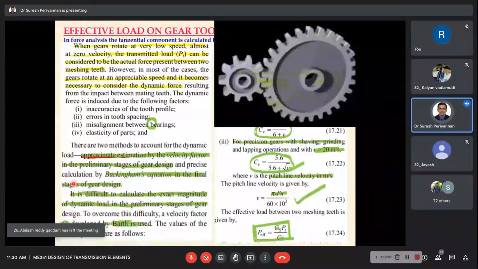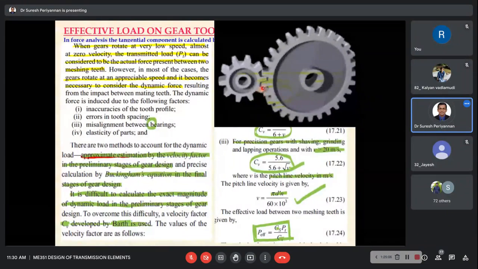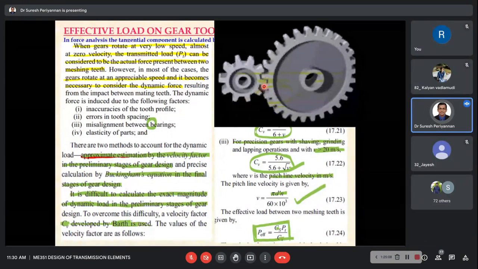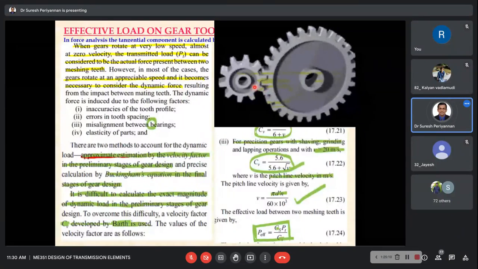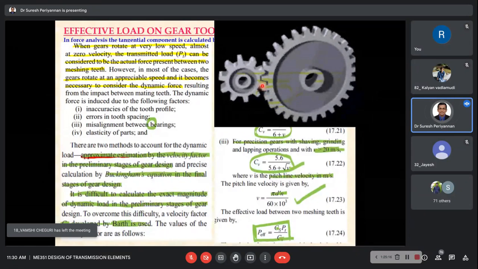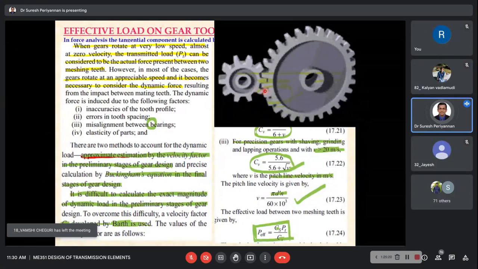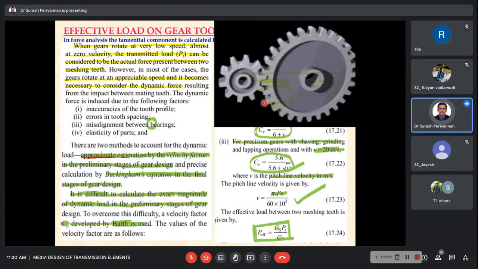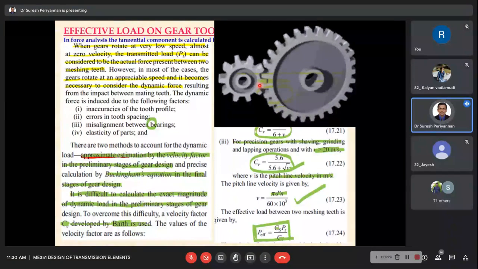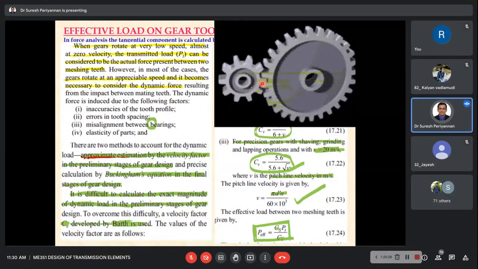When it is a dynamic condition, it may create an impact force. What is the reason, and why are we unable to track this dynamic load? How are the impact forces created between the meshing teeth?